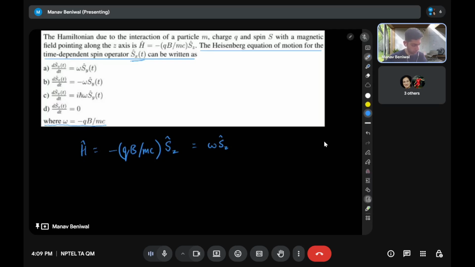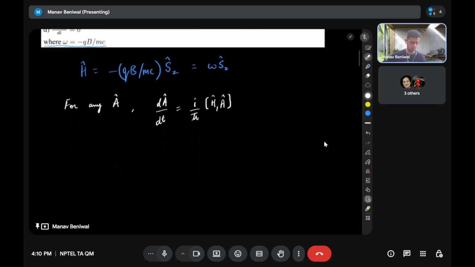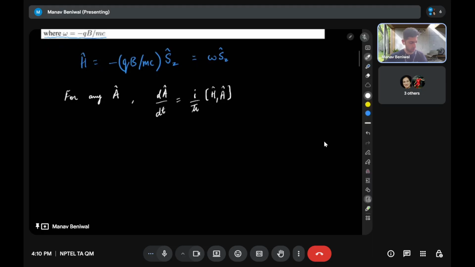For any operator A, the time evolution is given by dA/dt equals i by h-cut times the commutator of H and A. Correct? This is what we have. So instead of A, here we have S_x.